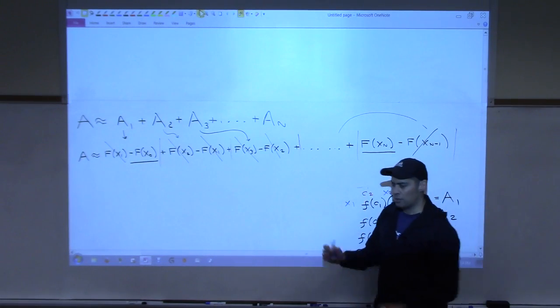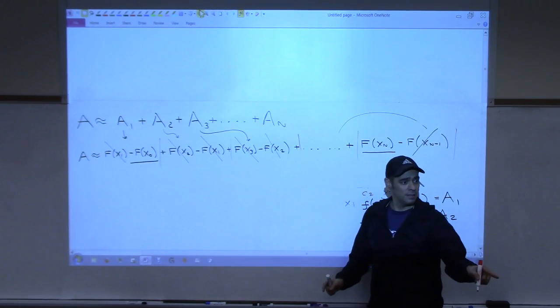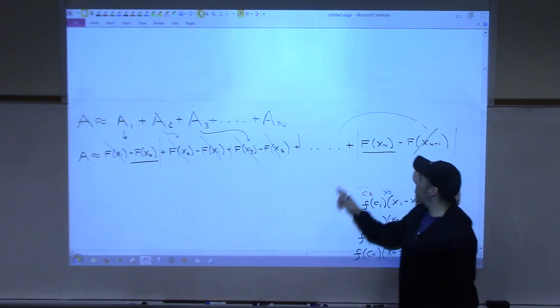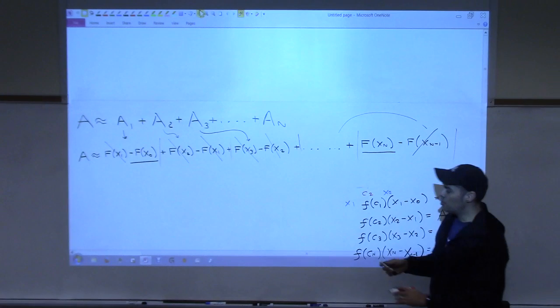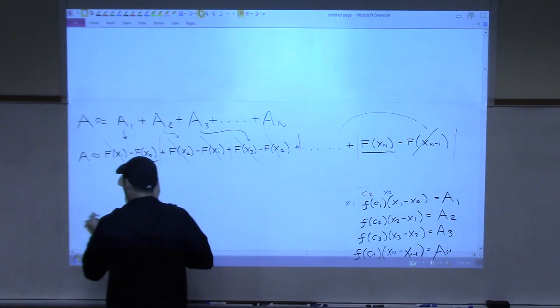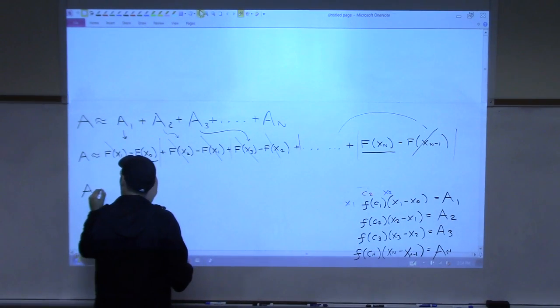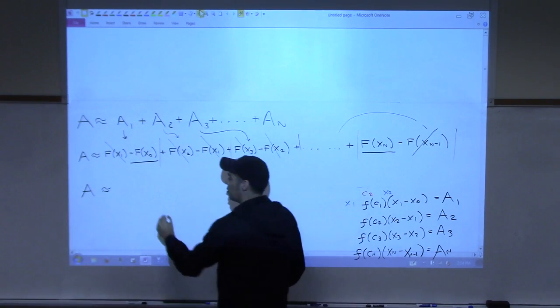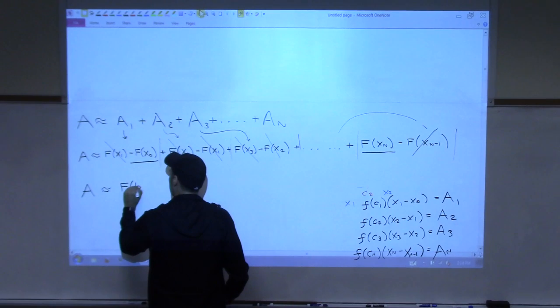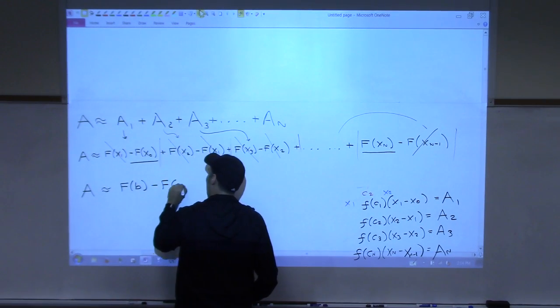Go back to the picture. Wasn't it a? It was the first endpoint. And what was x sub n? The last endpoint, b. So that means that the area underneath that curve f is just capital F of b minus capital F of a.